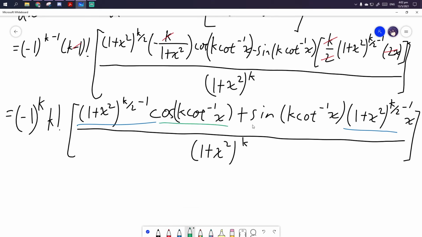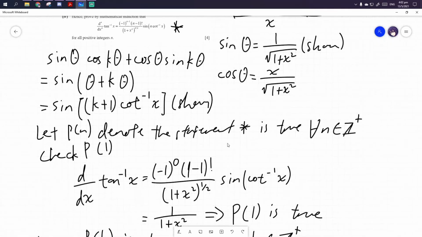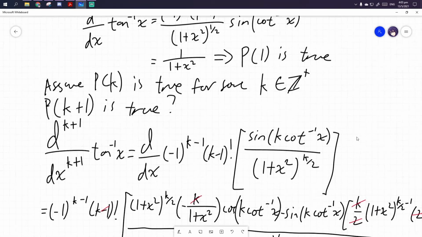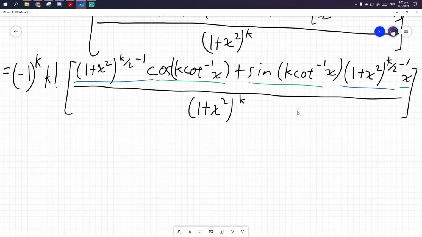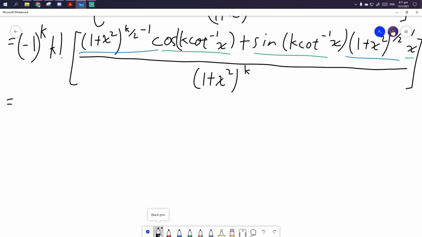We also notice that we have this and this. Now this green one is very important, because if we come back up to the top, we actually found this earlier, right? We have proven this. There's a reason why they ask you to prove that, because now we can simplify something. So if I bring this over to the right side, which we can, and then we'll just clean things up at the same time. So this is equal to negative 1 to the power of k times k factorial, and we can expand this.